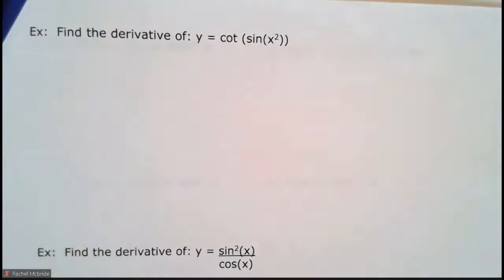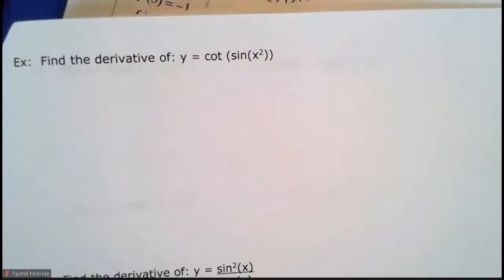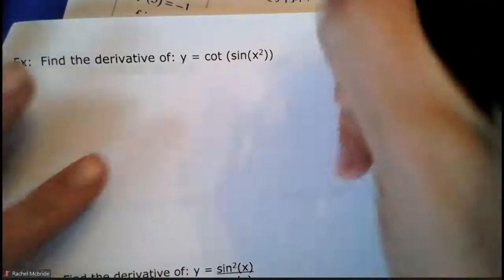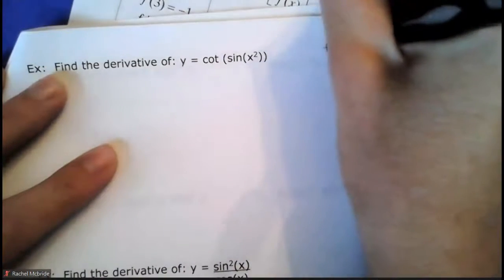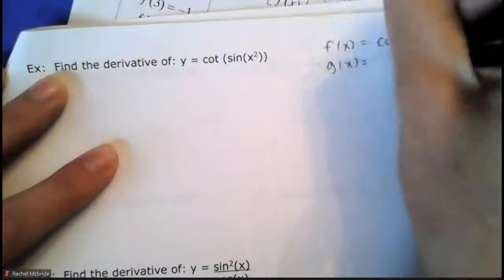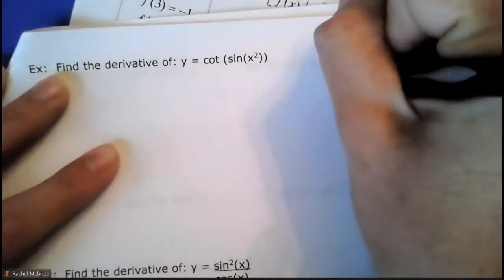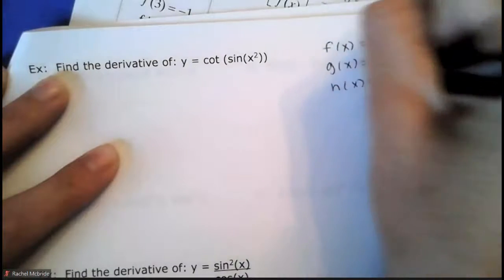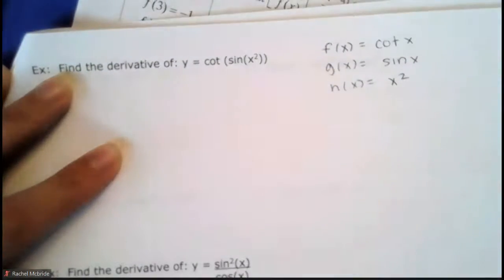It's the cotangent of the sine of x squared. So this is really consisting of 3 functions. It's consisting of the function cotangent x, the function sine x, and the function x squared.